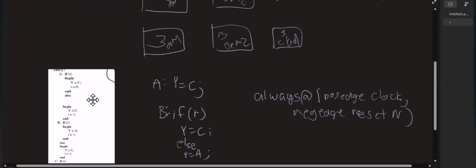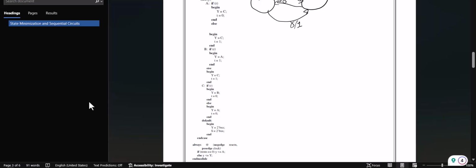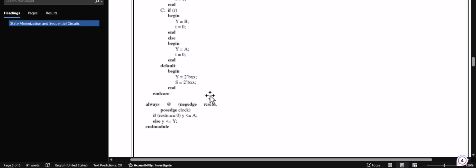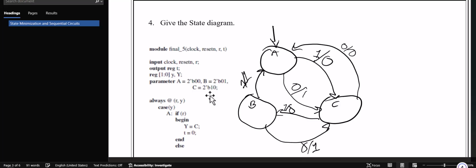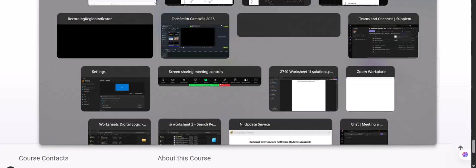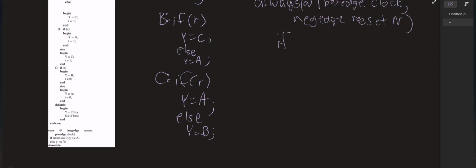Oh, I forgot something in the diagram that we did. In this diagram, if you look at the second always block, it has if reset n equals 0, y equals A. That means that reset goes into A. Let's see how I did it.